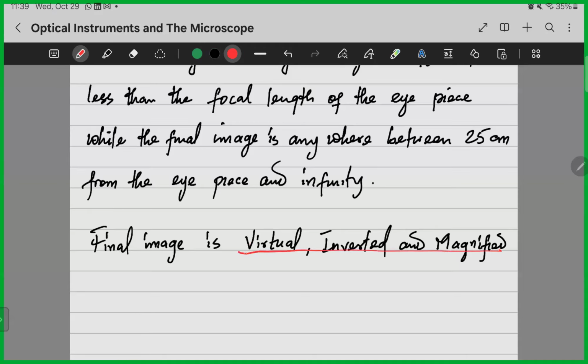So the modified compound microscope, here the final image is at the near point of the eye and within the lenses.